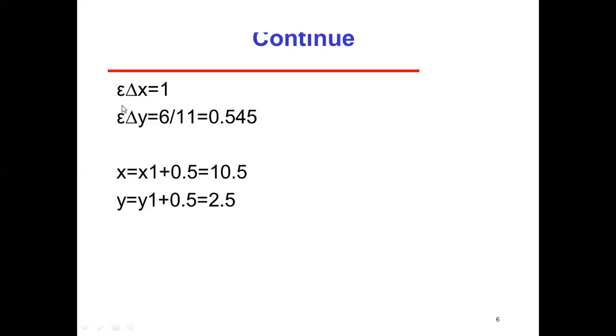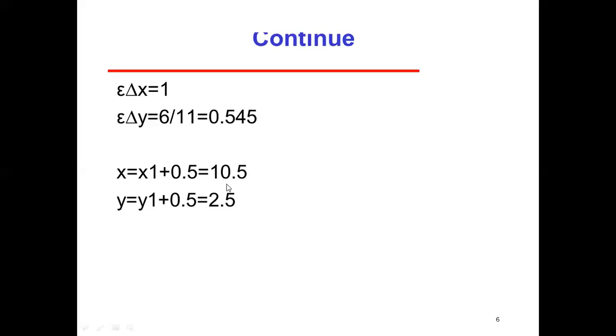Then we will calculate epsilon delta y, and this will be equal to 6 over 11, because here delta y is equal to 6, y2 minus y1, and epsilon is equal to 1 over 11. So this will come to 0.545. And x is equal to x1 plus 0.5, which is 10.5, and y is equal to y1 plus 0.5, which is 2.5.